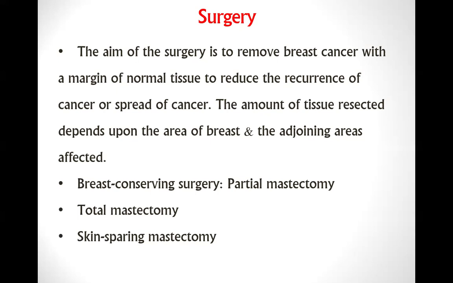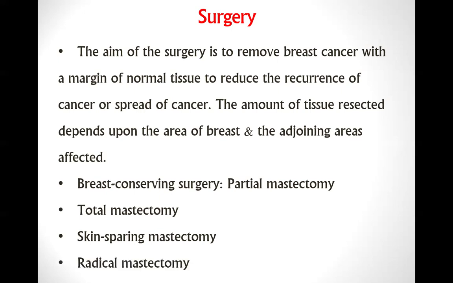Breast tissue will be removed, but aesthetically the breast is required for females. So immediately after the mastectomy, some women go for prosthetic breast tissue, like silicone and other things. Skin is spared, sorry, not removed. The skin is spared, the complete adjoining breast tissue is removed, and then it is filled with prosthetic tissue. This is known as reconstructive surgery.